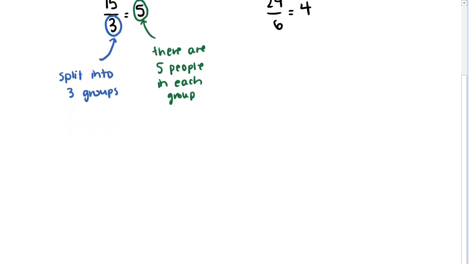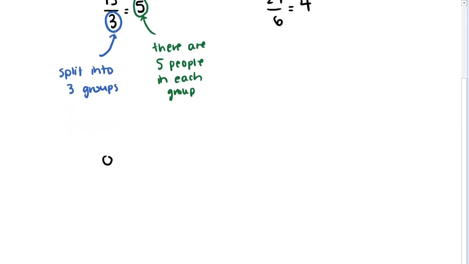Well, what if I take 0 people and I split them up amongst 5 groups? How many people will be in each of those 5 groups? Well, there's nobody to be in each group. There are no people I'm splitting up across 5 groups. There's no one that's going to be in each group.